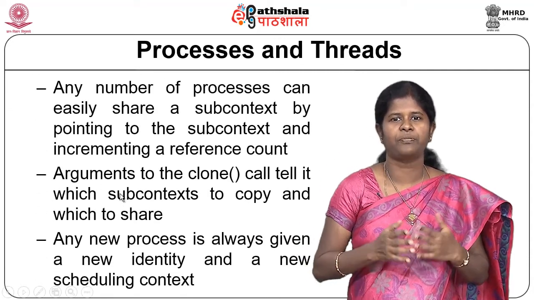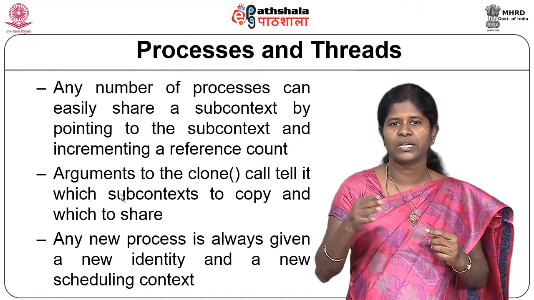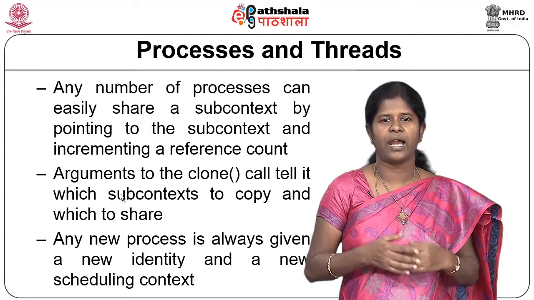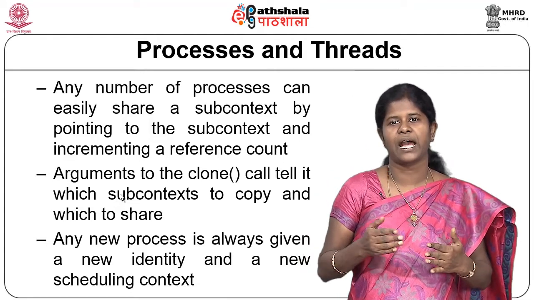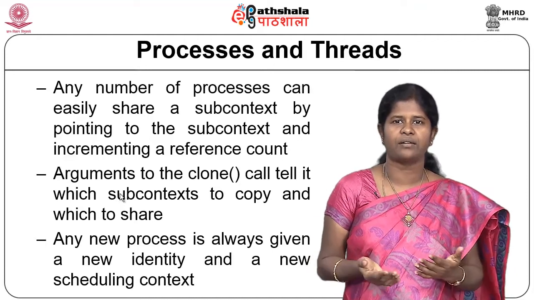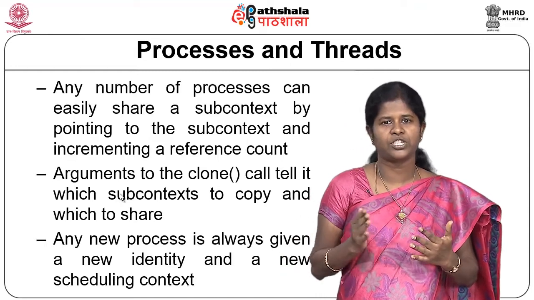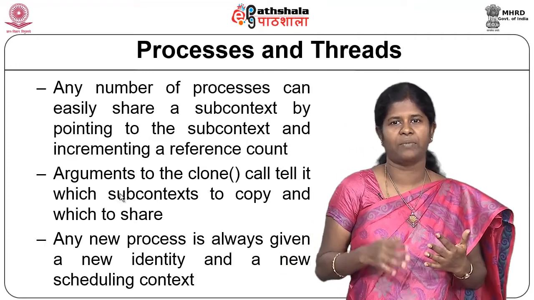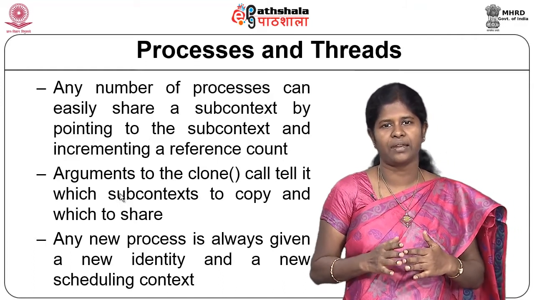So, any number of processes can easily share a subcontext by just pointing to that subcontext and incrementing the reference count. The arguments to the clone will tell what subcontexts have to be copied and which to share. If you set some flags, then those have to be shared. If you do not set the flag, then those will have to be copied. So, by default a copy is made. If flags are set, then sharing can happen.